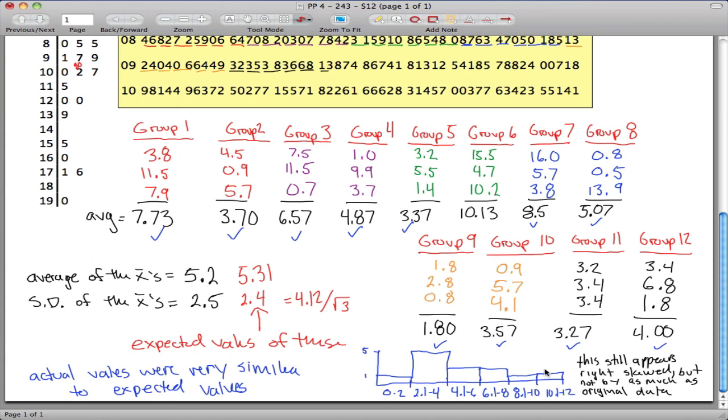So hopefully what I want you to get out of this is, okay, I'm starting to see the central limit theorem work in here. This distribution's starting to look normal even though it's not quite there yet. Our average of these averages is about the same as the average of all the data points. And the standard deviation of these averages is about what we would expect, the standard deviation of all the points divided by the square root of n. So that is the end of this kind of tedious problem.